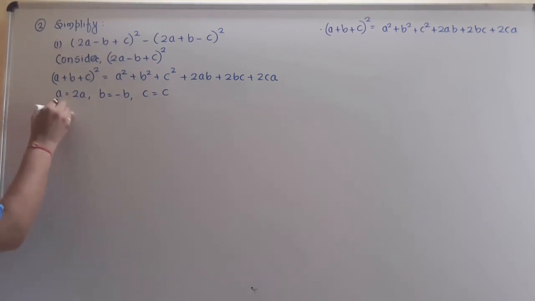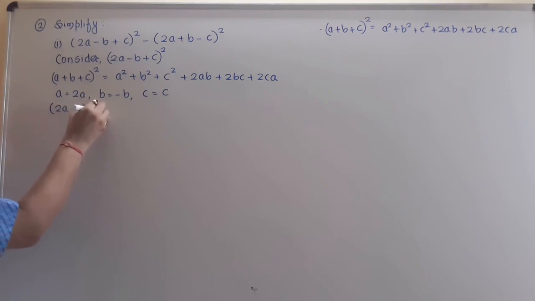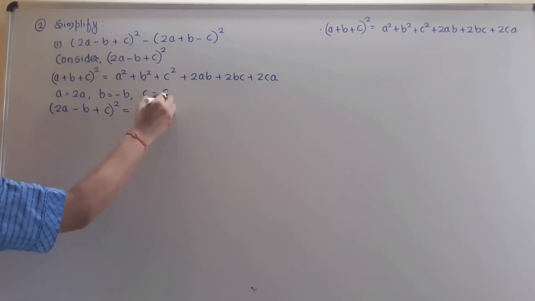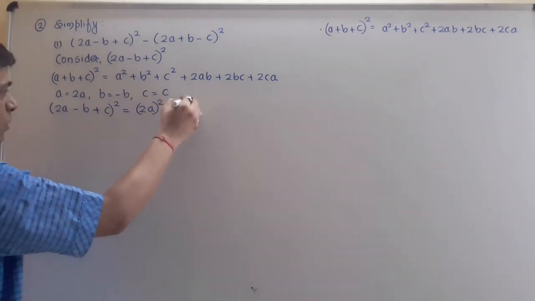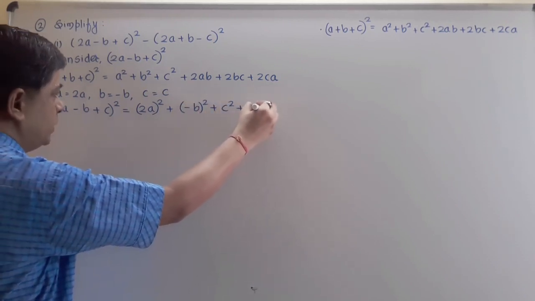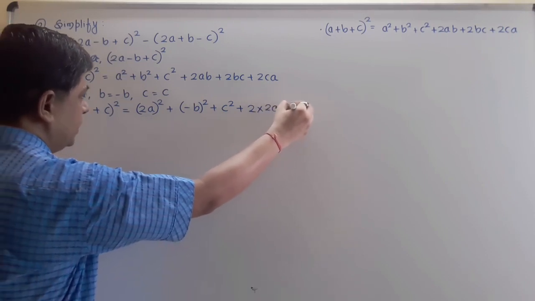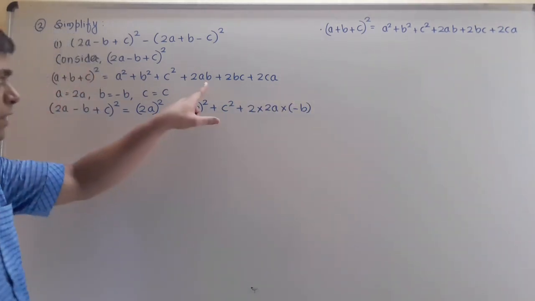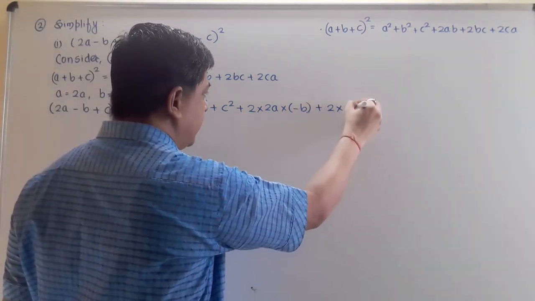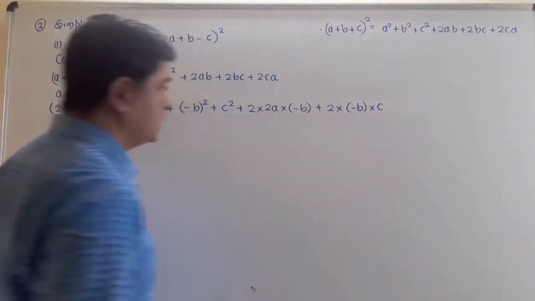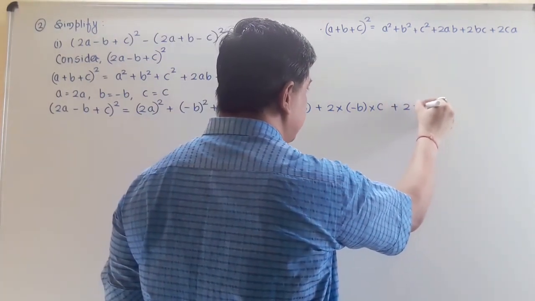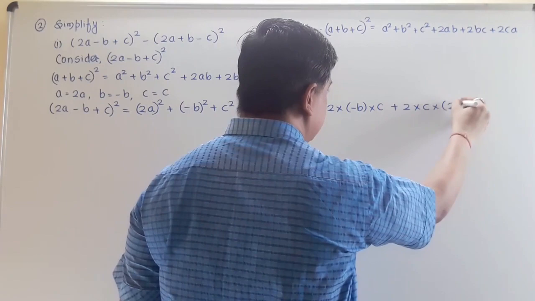So (2a - b + c) whole power 2 is equal to (2a) whole power 2 plus (-b) whole power 2 plus c square, plus 2 into 2a into minus b, because the value of b is minus b, plus 2 into b, that is minus b, into c. Similarly the last term, 2 into c into a: 2 into c, c will be c and a will be 2a.